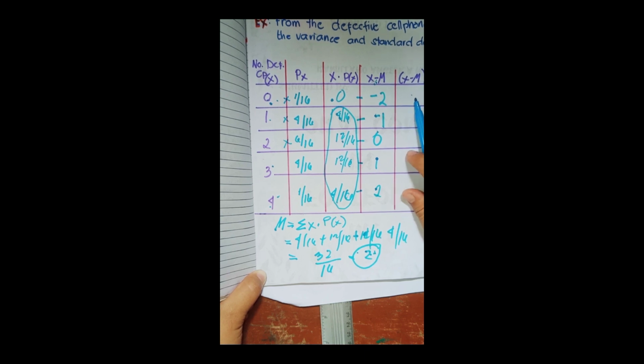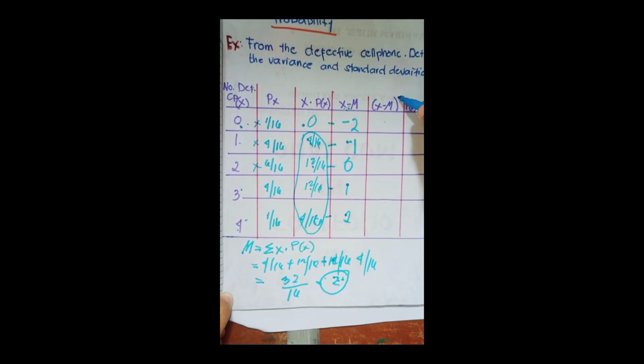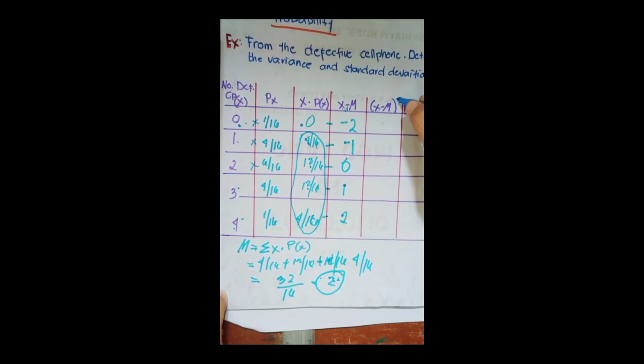Then let's proceed to the next column, which is X minus mean squared.